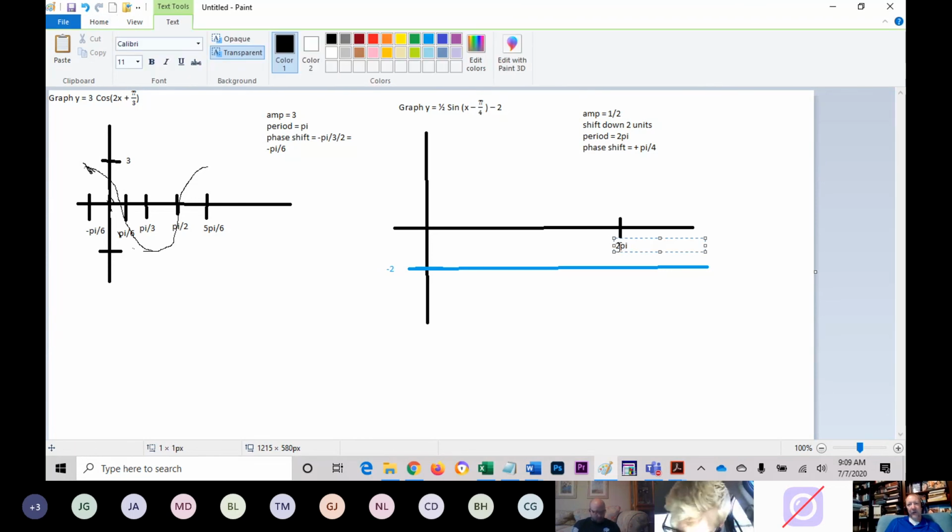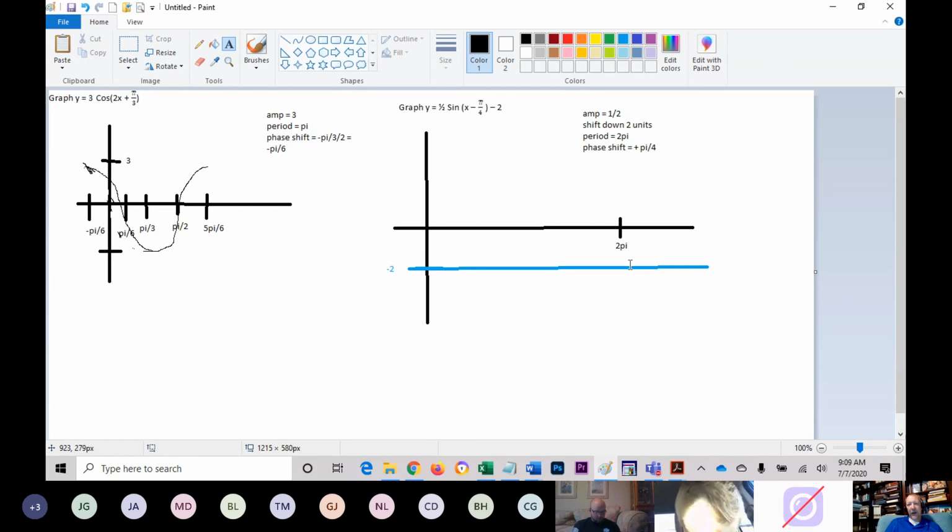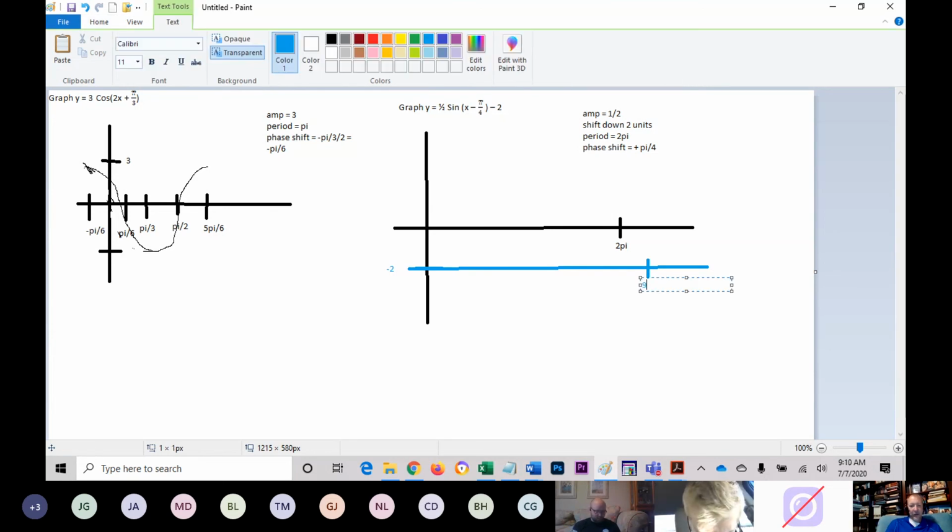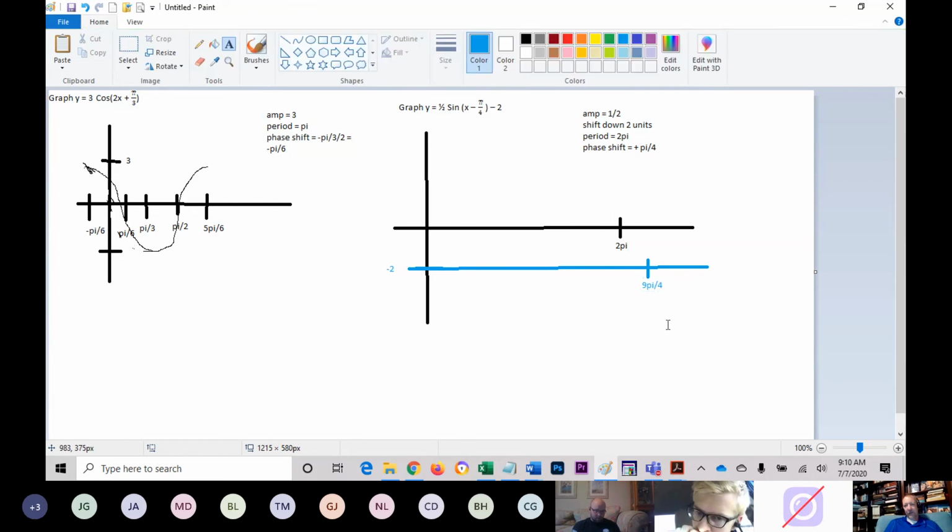Now we're shifting it to the right, so we're going to shift it 2 pi plus 1/4 pi, which is 2 1/4 pi, which is 9/4 pi. So now, in this case, I'm going to start here at 9 pi over 4.